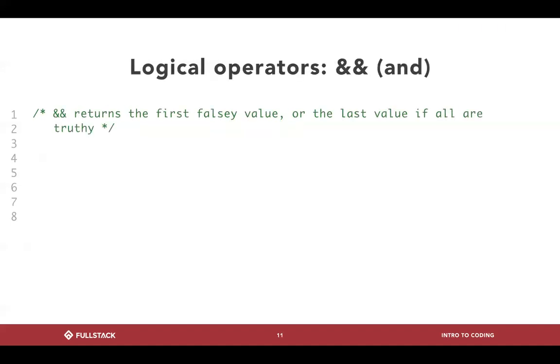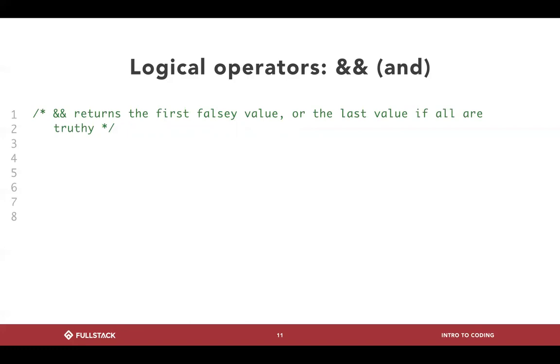The logical operators. We have the double ampersand, right? That's the double and symbol. So AND returns either the first falsy value or the last truthy value. And then more commonly used, it's a way to test whether or not two things are true.